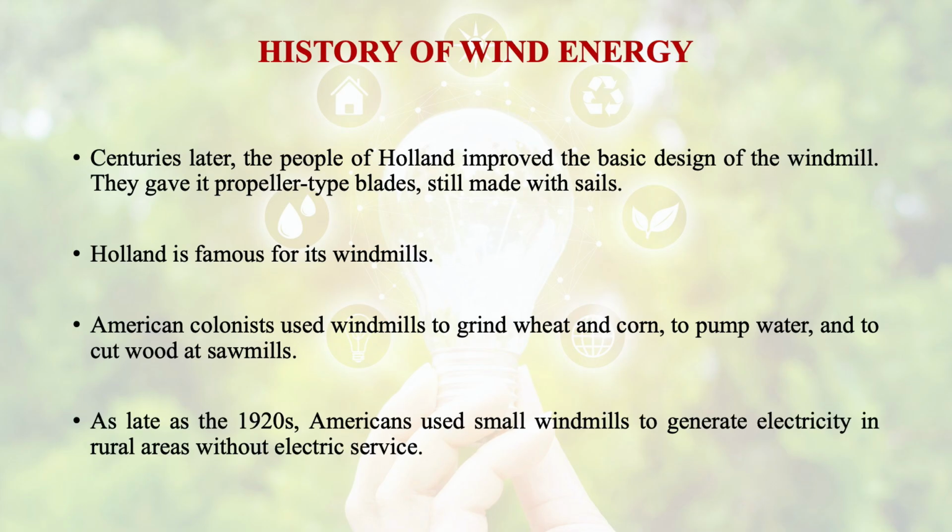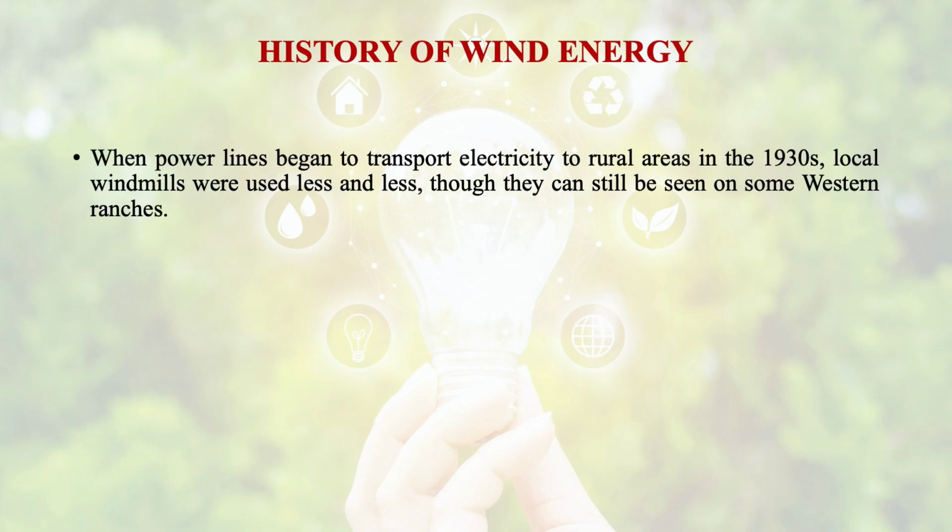As late as the 1920s, the Americans used small windmills to generate electricity in rural areas without electric service. When power lines began to transport electricity to rural areas in the 1930s, local windmills were used less and less, though they can still be seen on some western ranches.